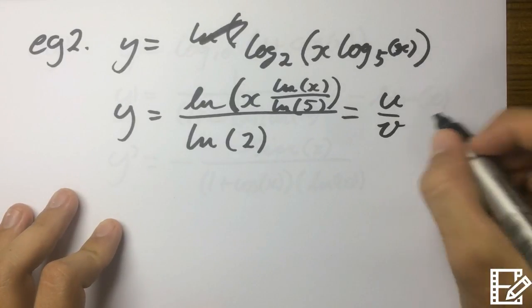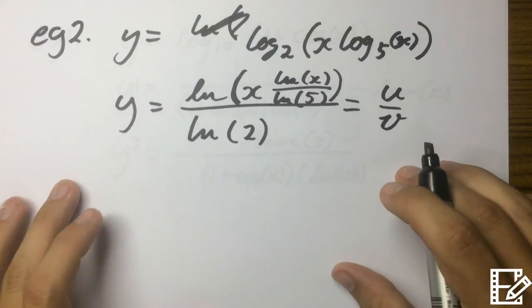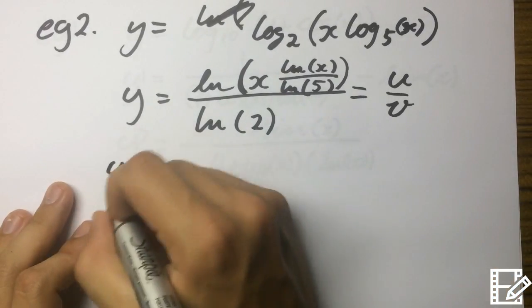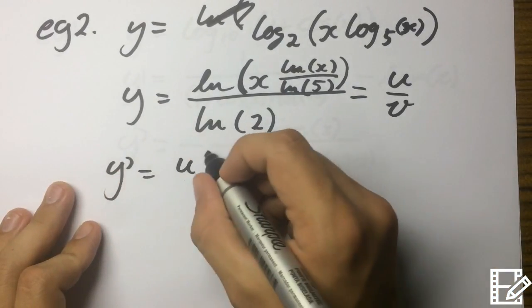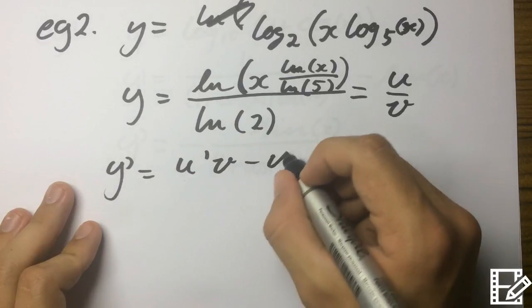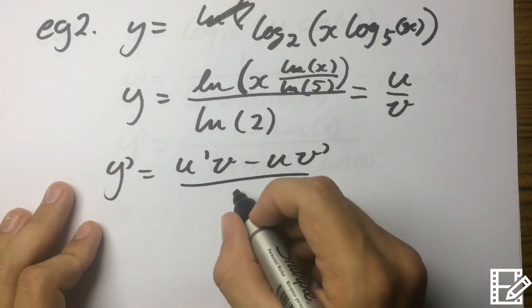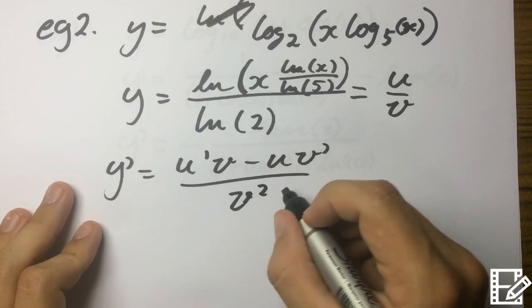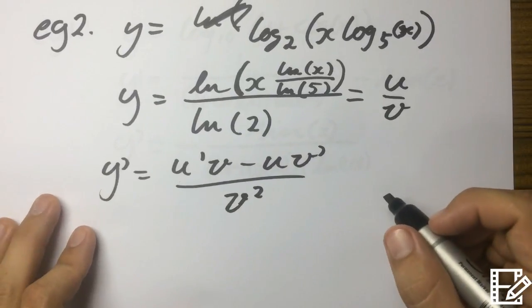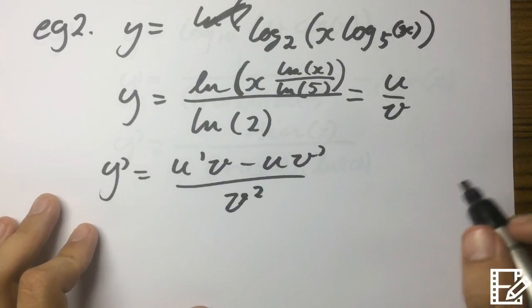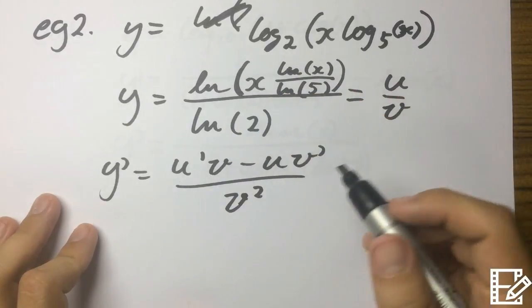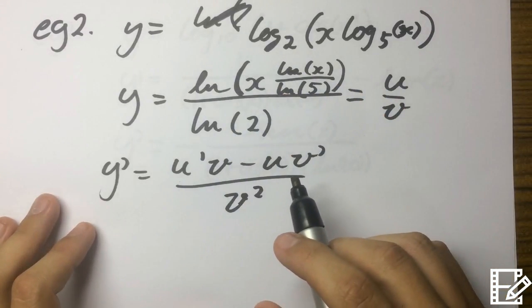We'll have u over v because we're going to use the quotient rule. Therefore, the derivative will be u dash v minus u v dash over v squared. Now, for this bit up here, we're going to need a bit of paper to solve that.